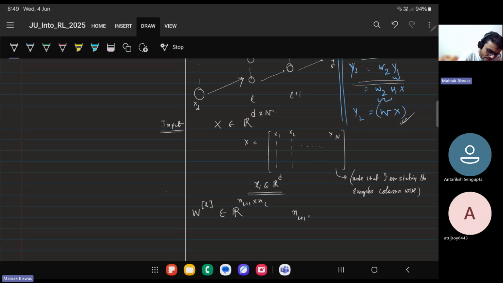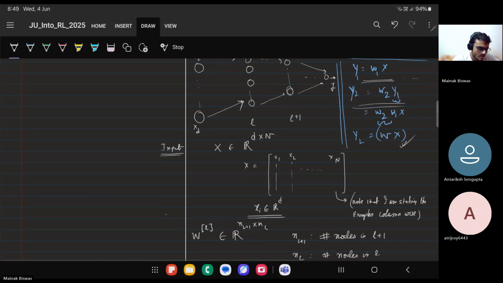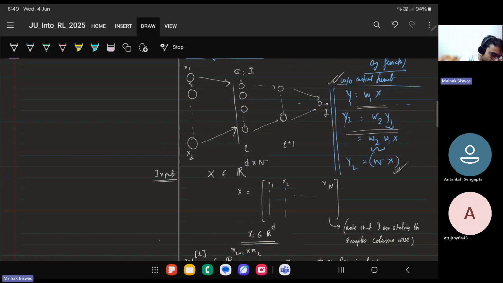N_{L+1} is the number of nodes in layer L+1, and N_L is the number of nodes in layer L. Is it fine? So just concentrate on this block over here. This will have N_{L+1} nodes, and this will have N_L nodes.